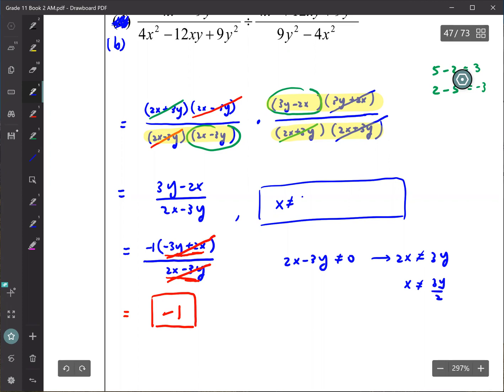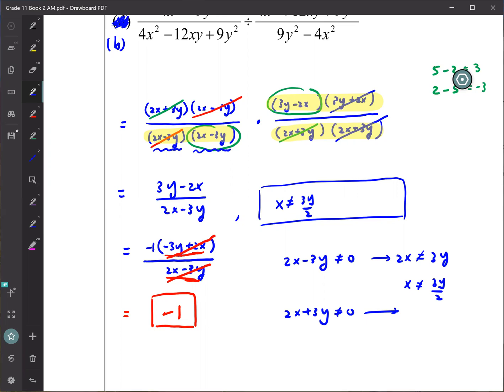Okay, so 3y over 2, that's from the first bracket here, right? First and second are the same, and then you have the sign that's opposite, so that will give you negative 2x plus 3y, right? Oh, so you keep the y? Yeah, because the bracket has the y, right? Oh, okay, I see. So x cannot be negative 3y over 2.